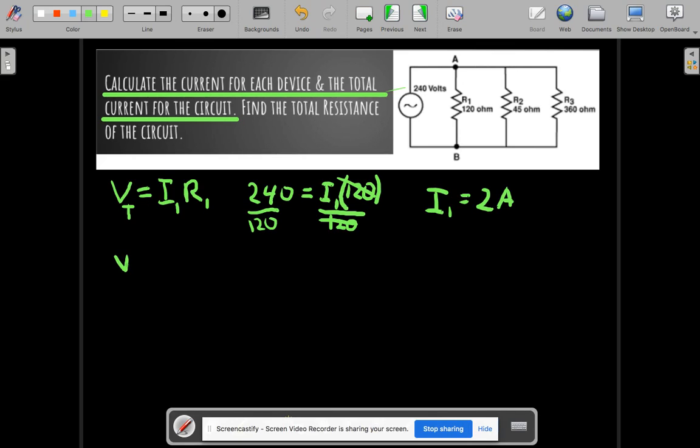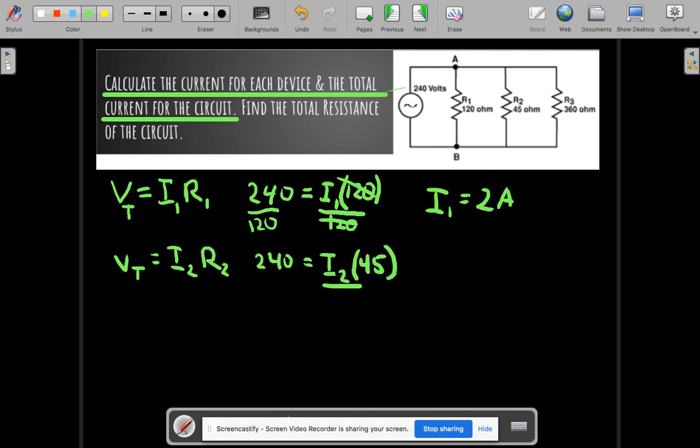So we have VT equals I2 times R2. Again, we've got 240 equals I2 times 45.